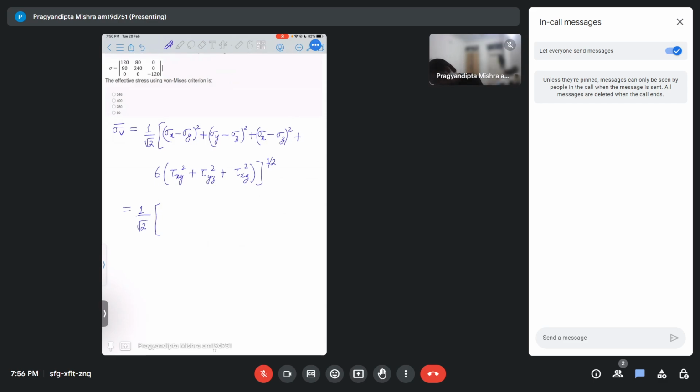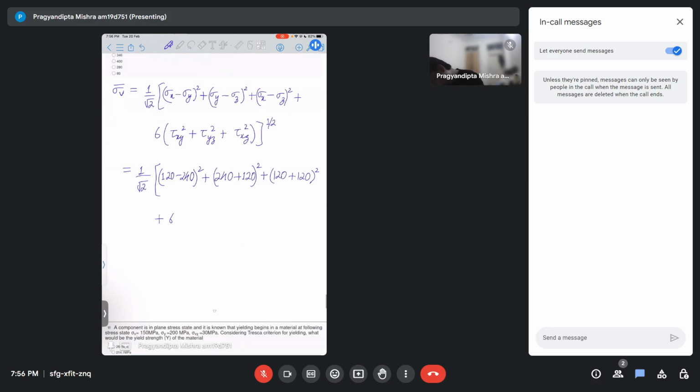So we can just write 120 minus 240 square plus 240 minus of minus 120 will be plus 120 square plus 120 minus of minus 120, so 120 plus 120 square plus 6 into, so only xy is there.